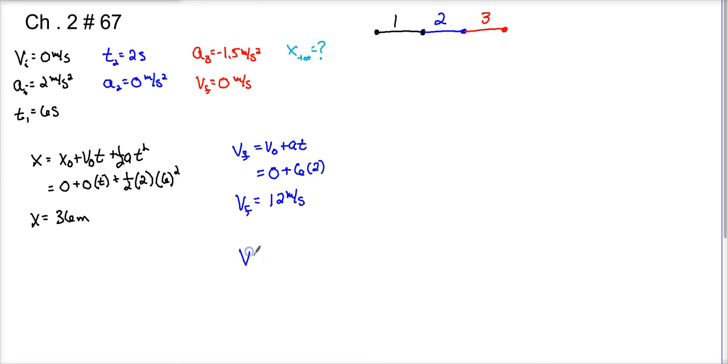Because we're traveling at a constant speed of 12 meters per second, we can use v equals d over t, where v is 12. This segment in which we'll be traveling at a constant speed is for 2 seconds. Solving for d, we find that for the second segment, we travel 24 meters.